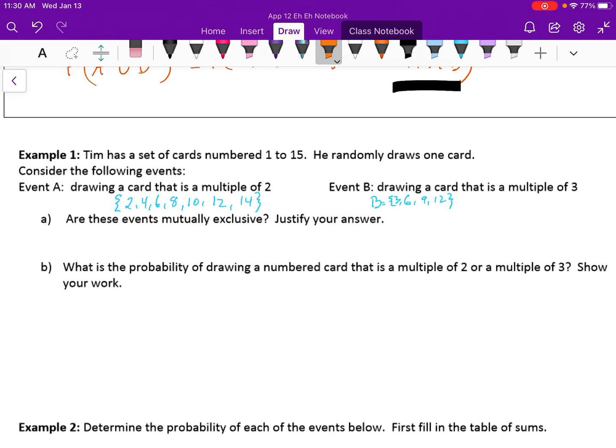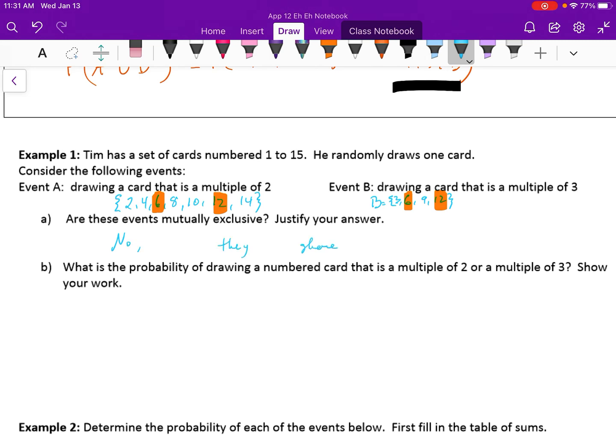And instantly, what we're able to see is that there are some common elements. Namely, 6 is a multiple of both 3 and 2. Same with 12. So are these mutually exclusive?